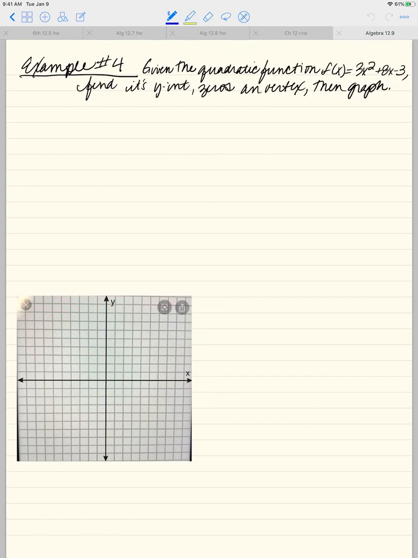Example number 4, given the quadratic function f of x is equal to 3x squared plus 8x minus 3, find its y-intercept, the zeros, and the vertex, and then graph the function. So the first thing we're going to do is find the y-intercept. How do we find the y-intercept?